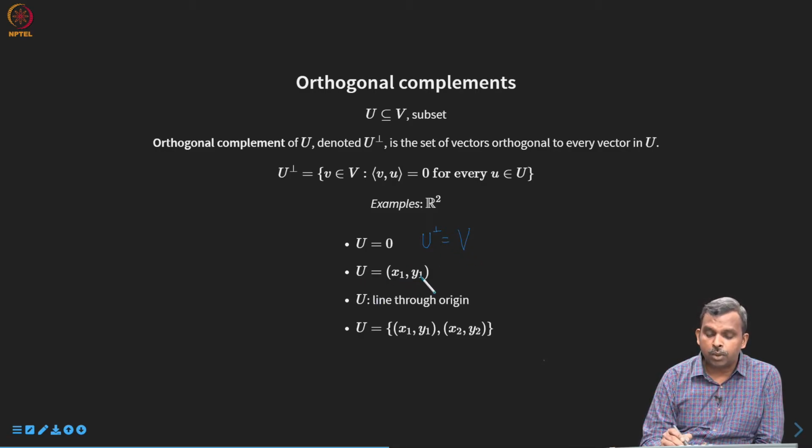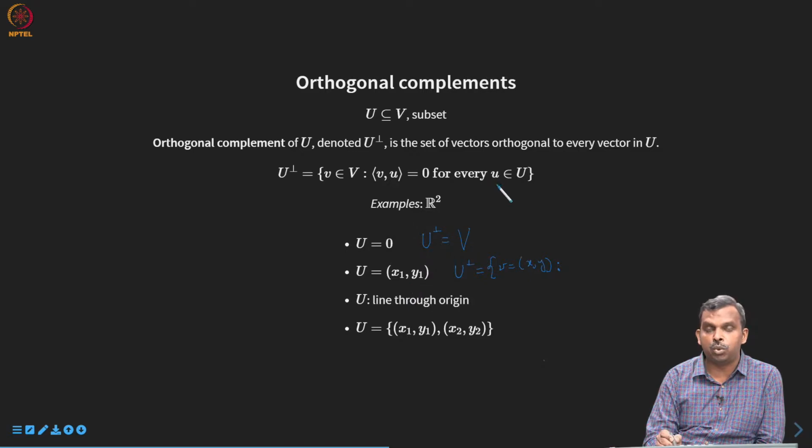What if U is (x1, y1), where maybe (x1, y1) is not 0, right. So, what if U is (x1, y1), what would be U perp? Okay. So, if you think about it, you are going to write U perp as the set of all v equals, let us say (x, y), such that the inner product of v comma u. So, U is just one point, right.